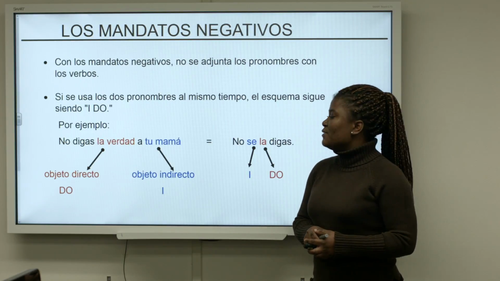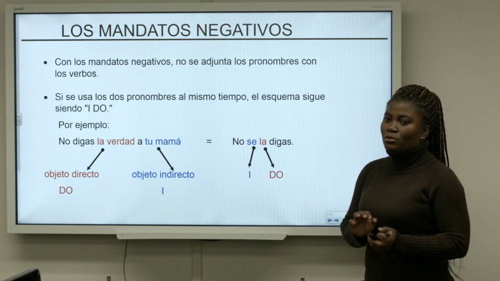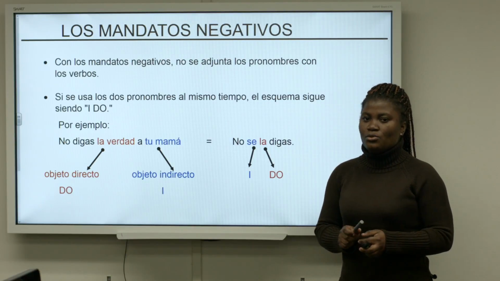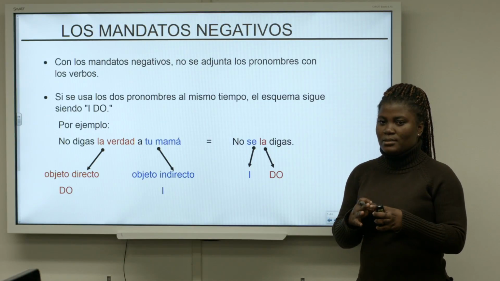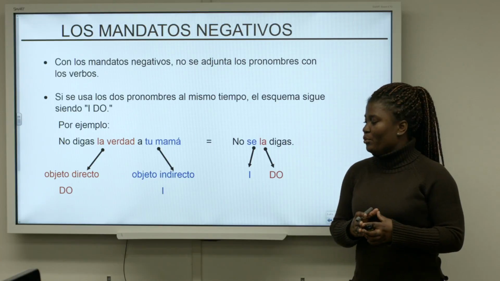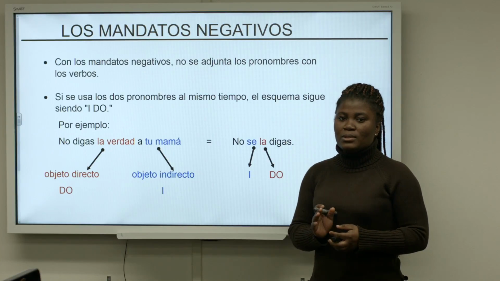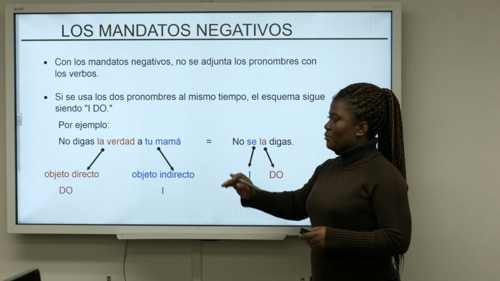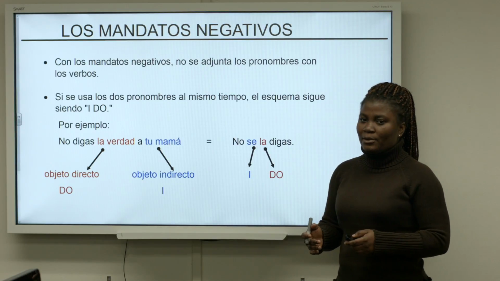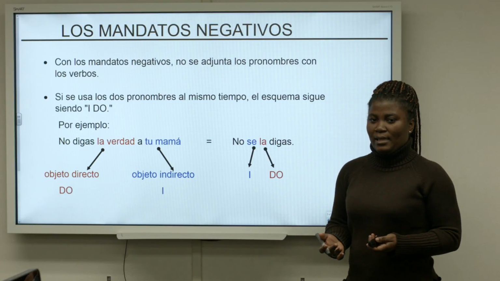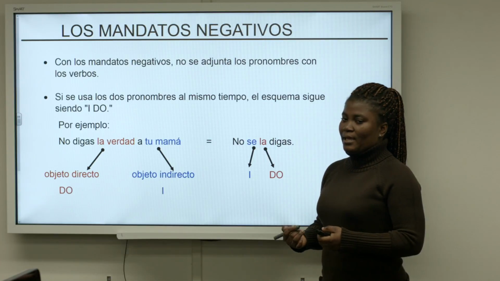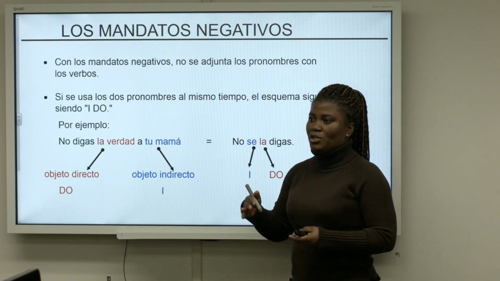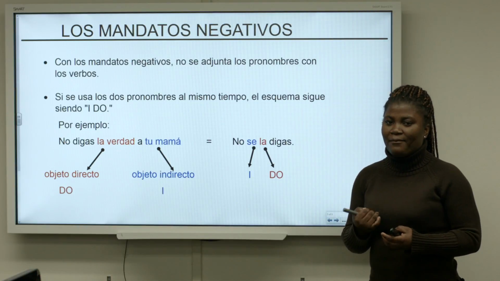Now, with the negative commands, we don't join the pronouns to the word to make one single word, but we still use the structure I-DO. So, for example, no digas la verdad a tu mamá. No digas qué. When you ask the question qué after the verb, then you're able to know which one is your direct object.